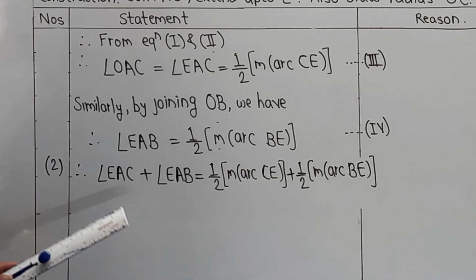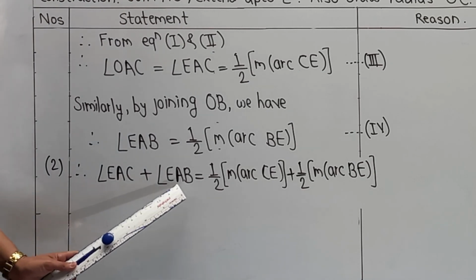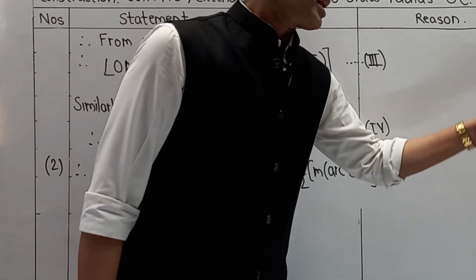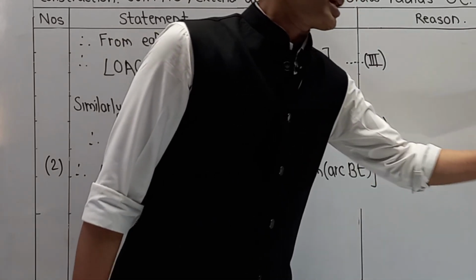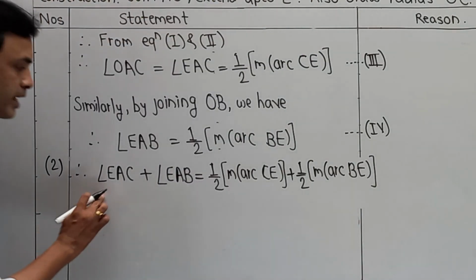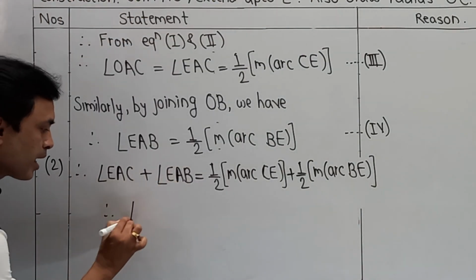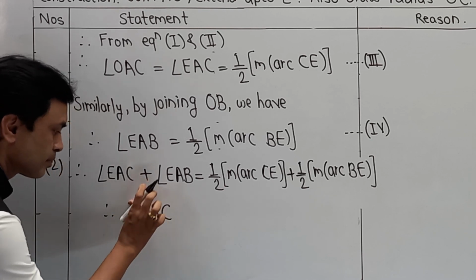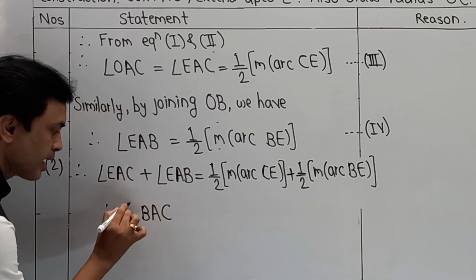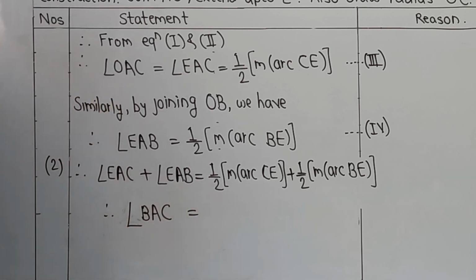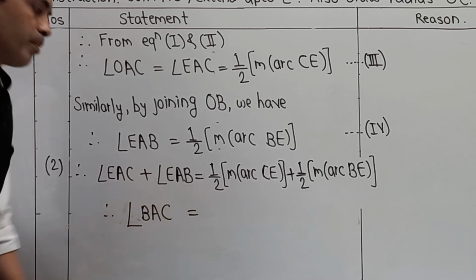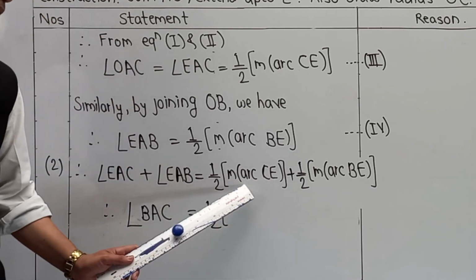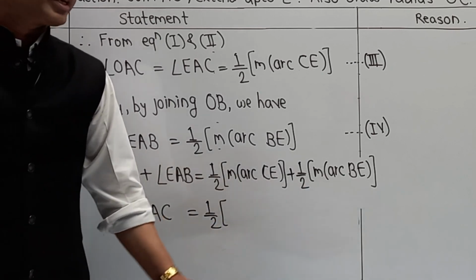Now pay attention over here. EAC plus EAB means the total angle BAC. So here the addition gives angle BAC equal to half, taking half common, of major arc CE plus major arc BE.